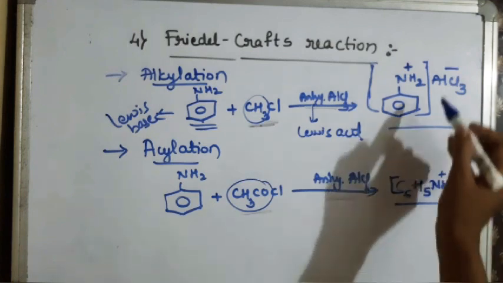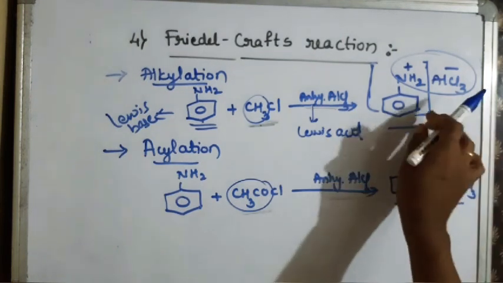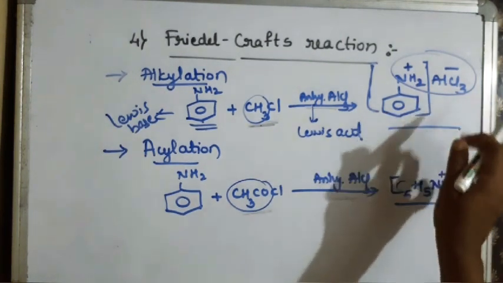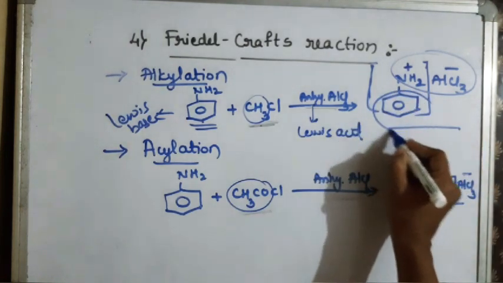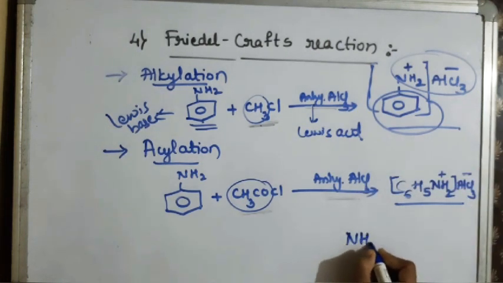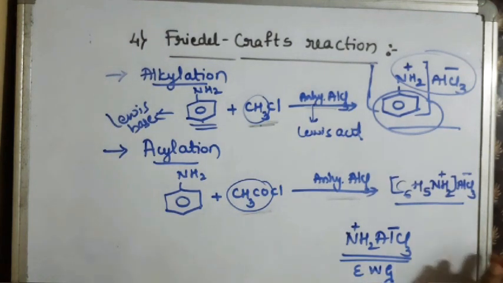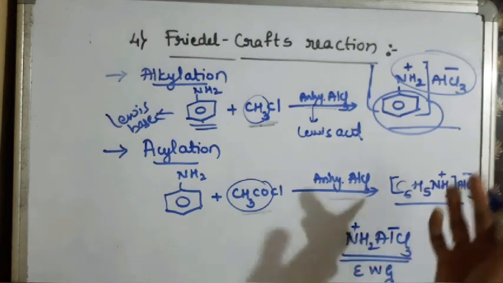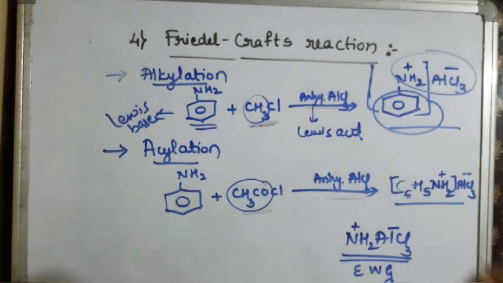This is because the group we are getting here is highly electron withdrawing in nature, and because of this, the electron density in the benzene ring is reduced. This NH2+ AlCl3− complex is strongly electron withdrawing, so it withdraws electrons from the benzene ring and makes it electron deficient.